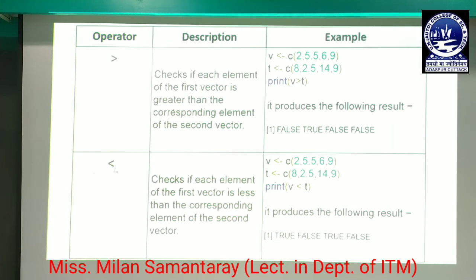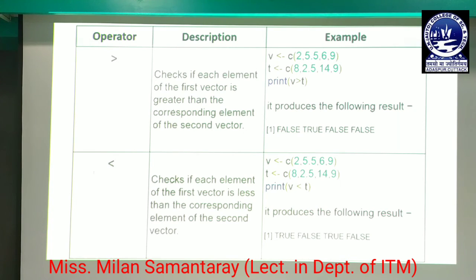Then the next operator is our less than operator. It will compare the first vector's elements with the second vector's elements. If the element of the first vector is less than the corresponding element of the second vector, then it will display the output as true. And if the element of the first vector is greater than the corresponding element of the second vector, then it will display the output as false.